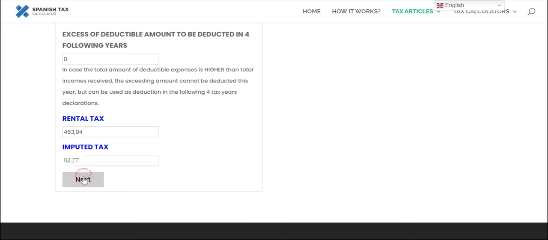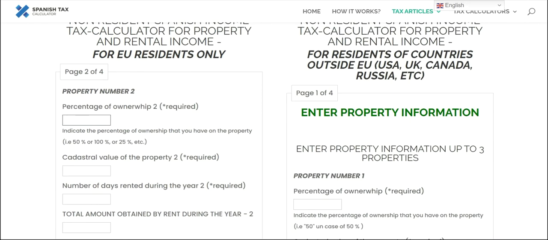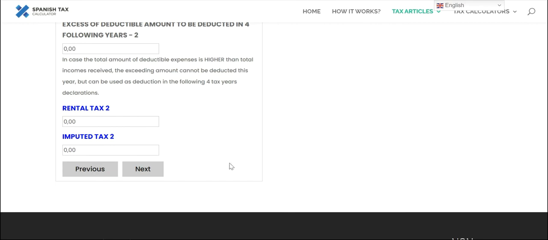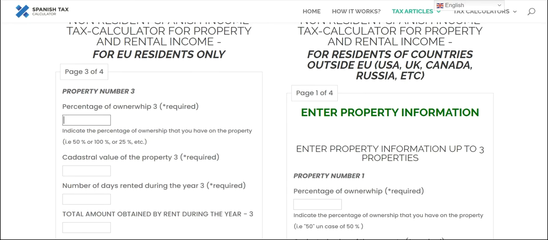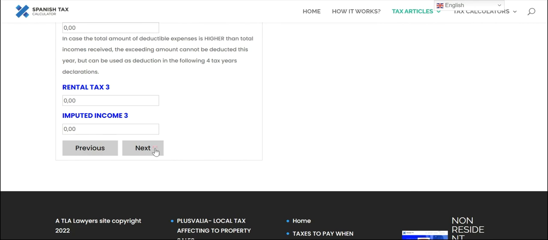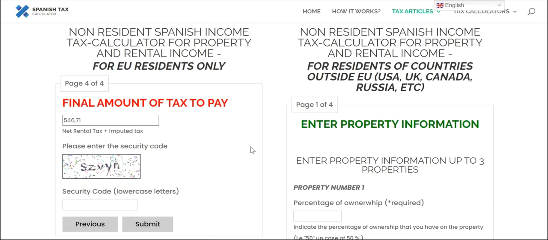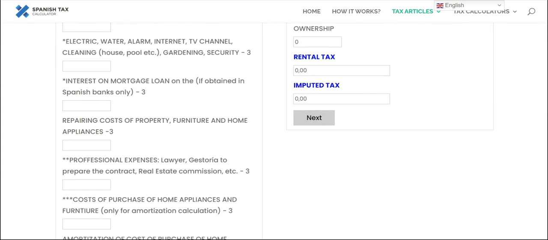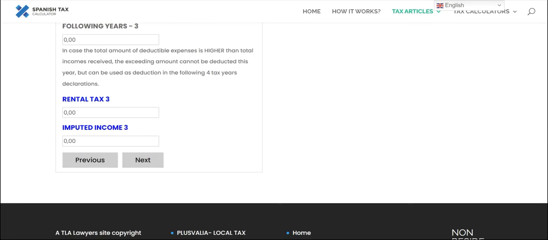So obviously we have the option to add a secondary property, property 2, property 3. At the end, this calculator gives you the final amount of taxes to pay when you are renting a property.